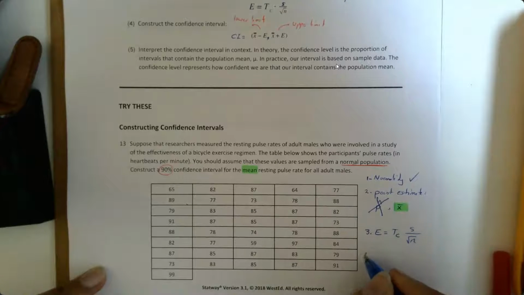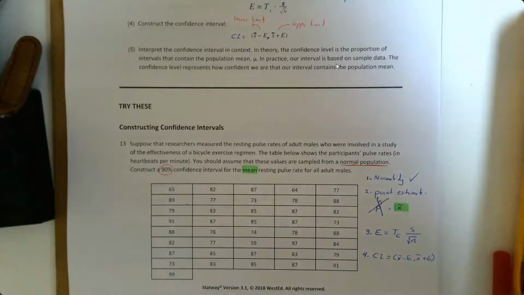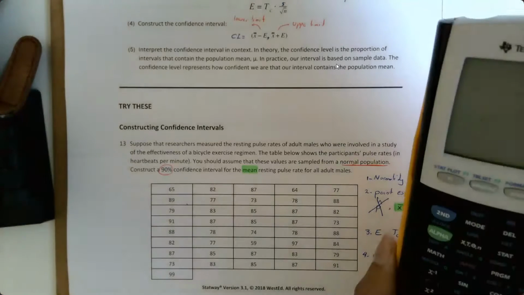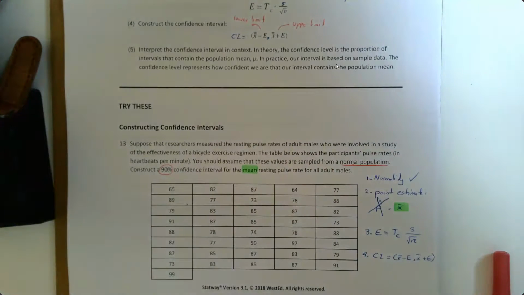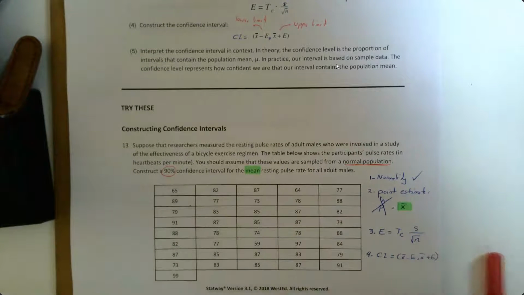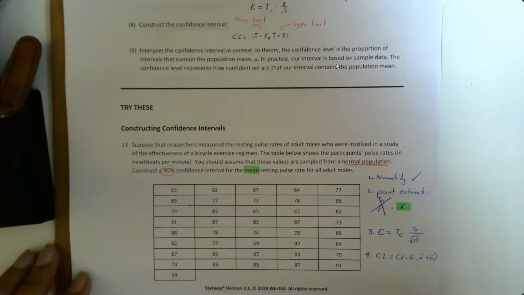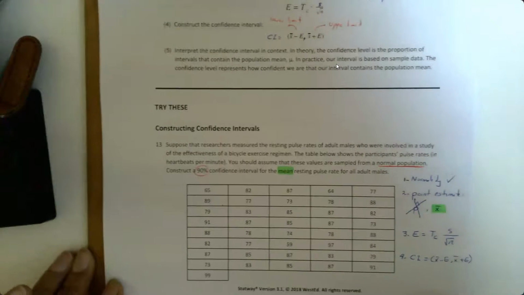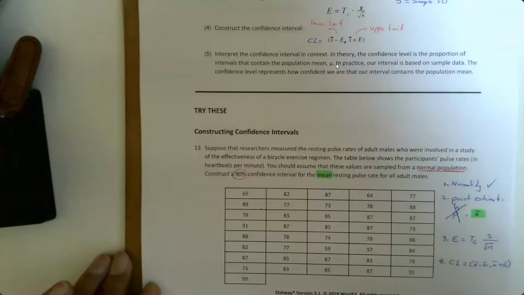And in the last step, my confidence interval is equal to x bar minus E and x bar plus E. So let us enter all of these numbers in our calculator and start calculating x bar and s. These two pieces of information are essential for our calculation.